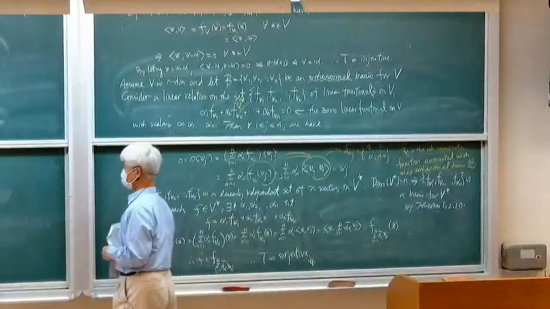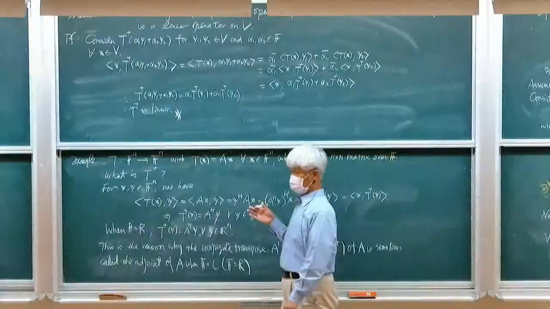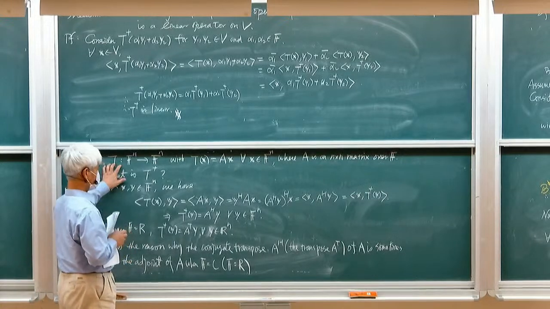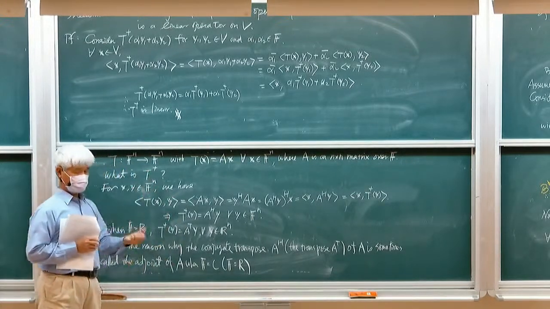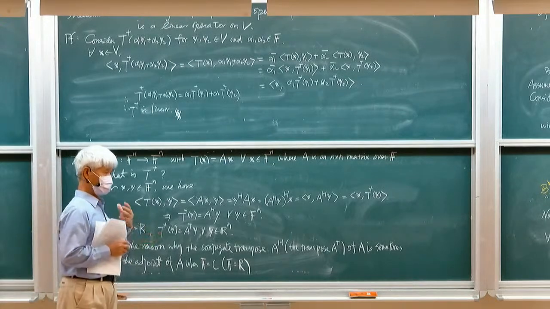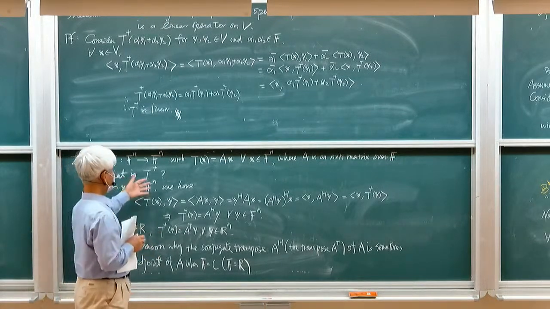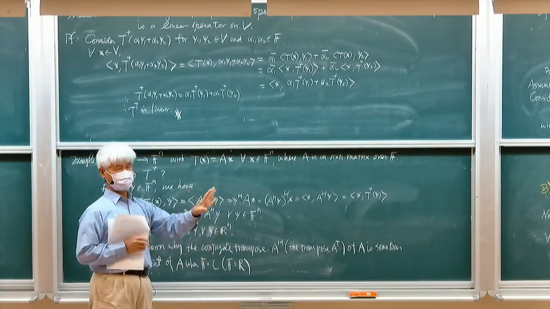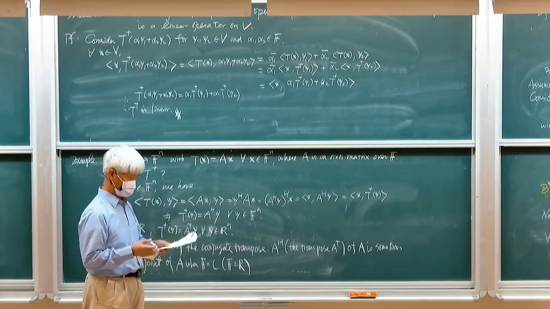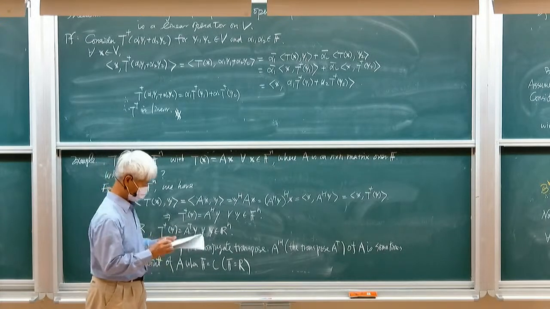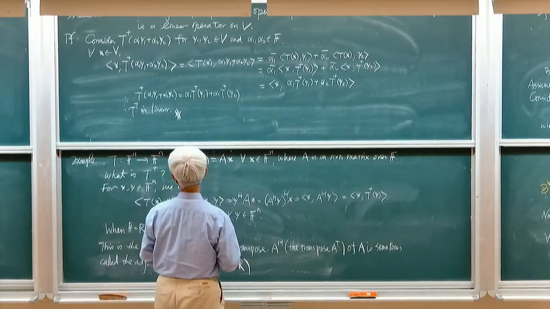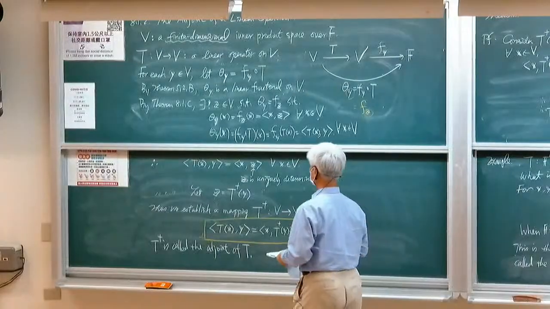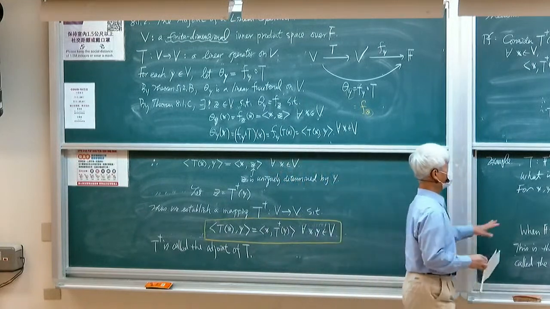For any linear operator on the Euclidean space, its adjoint corresponds to the conjugate transpose of the matrix representation.